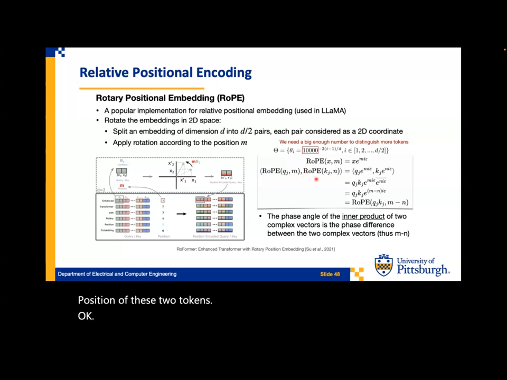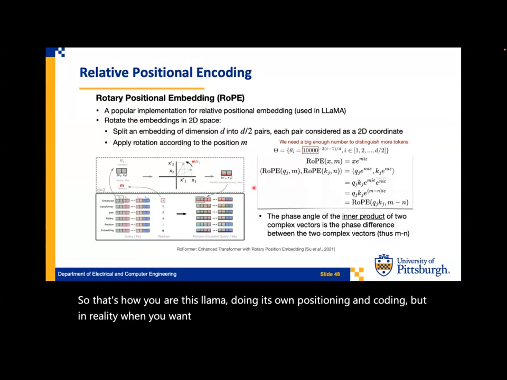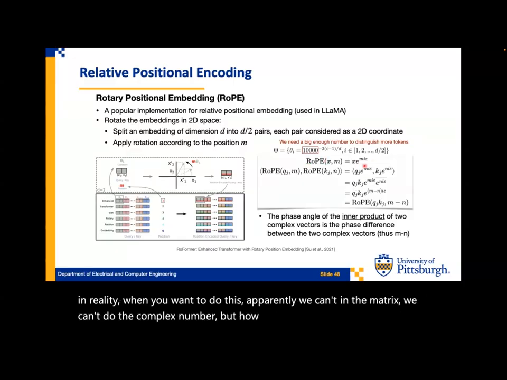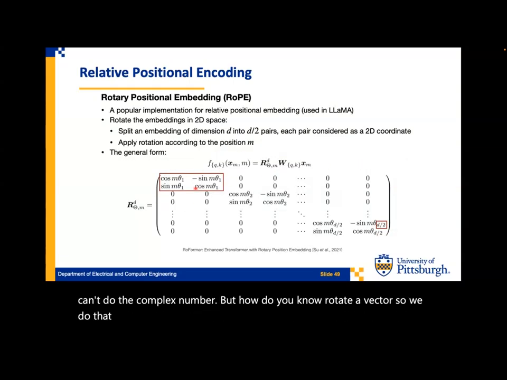So that's how Llama does its positional encoding. But in reality, in a matrix we can't do complex numbers, so how do you rotate a vector? We do that by multiplying with this matrix, which is equivalent to doing the rotation. This is the rotation matrix.